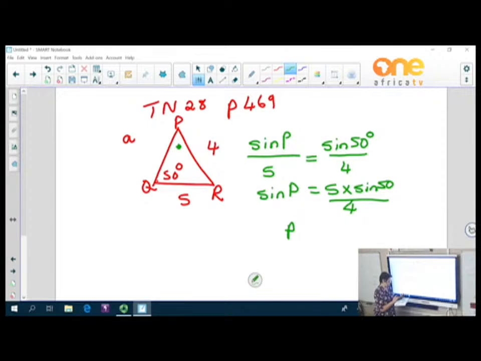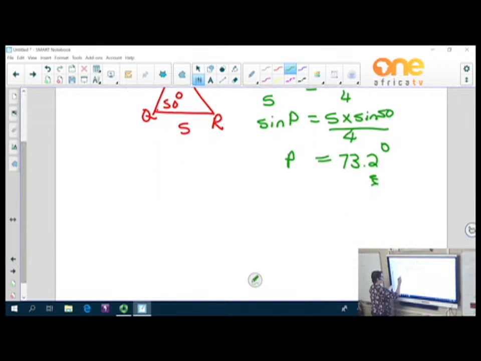You'll have to use extra brackets there, is equal to. The answer is 73.2 degrees. This is now angles, 1 decimal place, 73.2 degrees there. So it works very easily.